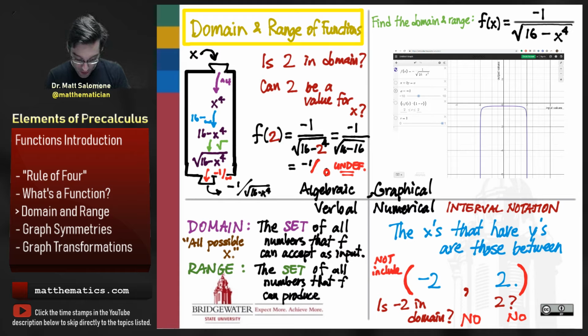And so, where the domain concerns possibilities for x, the range concerns realized possibilities for y. So again, we have this mental shortcut. All attainable or attained values of y. All the y's that this function can produce as output.